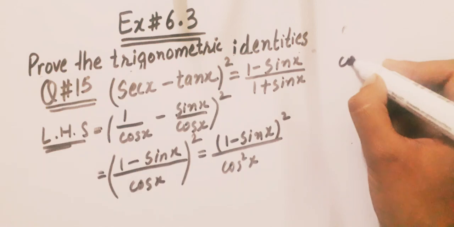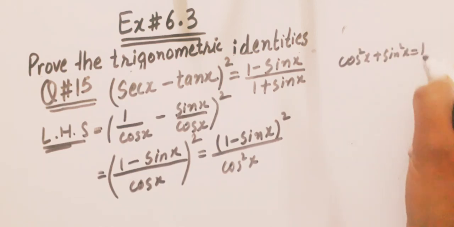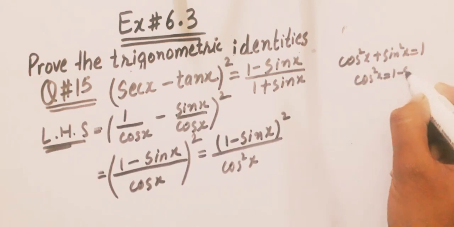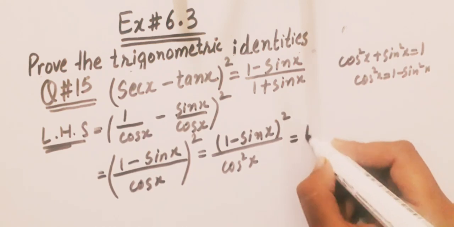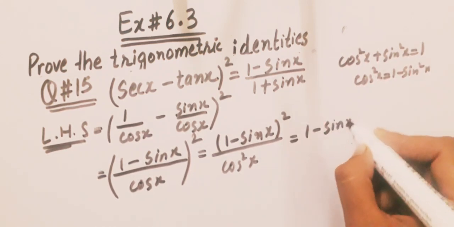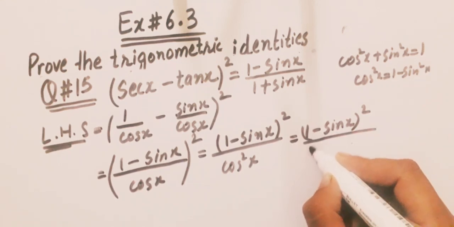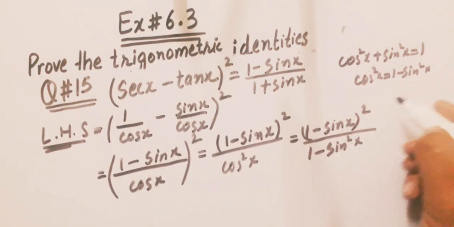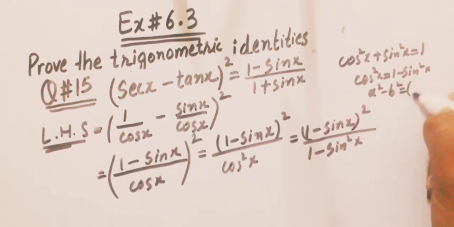So cos square x plus sin square x is equal to 1, so cos square x is equal to 1 minus sin square x. We will substitute this value here: 1 minus sin x whole square by 1 minus sin square x. Now we know that a square minus b square is equal to a minus b into a plus b.